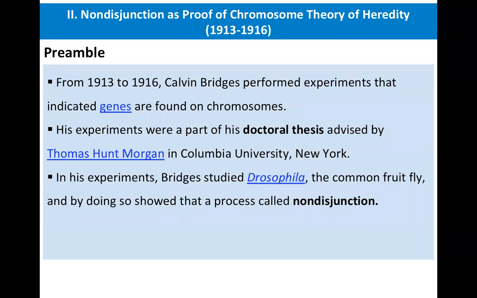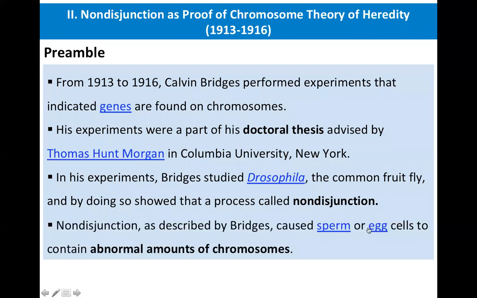In this experiment, he studied Drosophila, the common fruit fly. He showed the process of non-disjunction. Non-disjunction, as described by Bridges, causes the sperm and egg cell to contain abnormal numbers of chromosomes. Normally, gametes carry 3 autosomes and 1 sex chromosome, meaning 4 chromosomes.